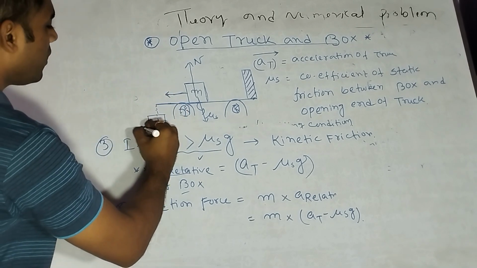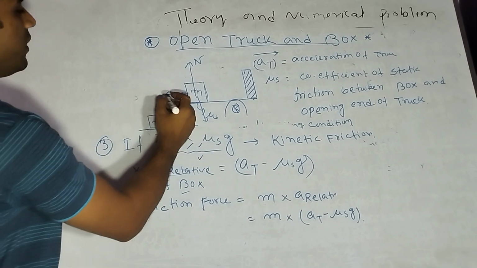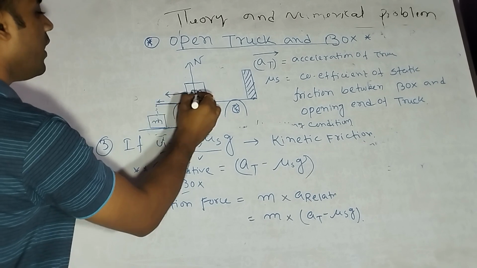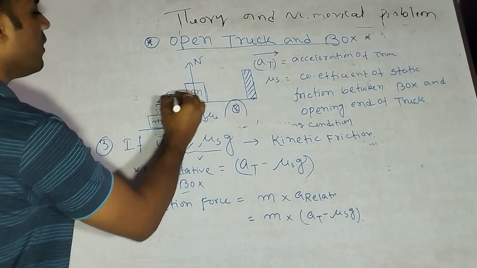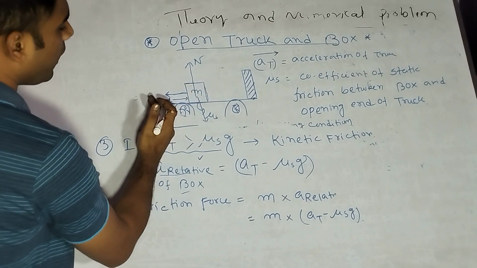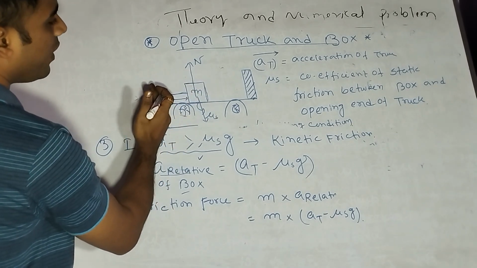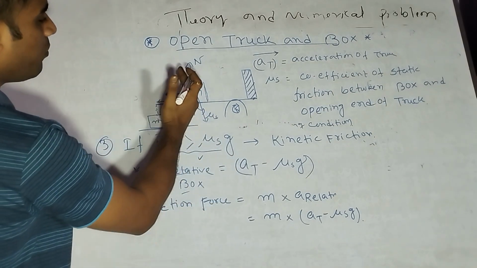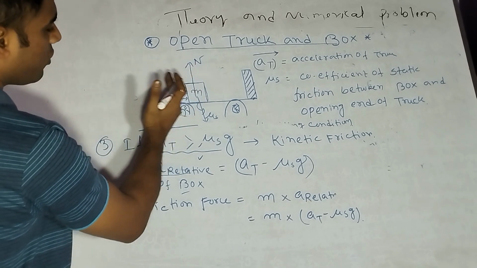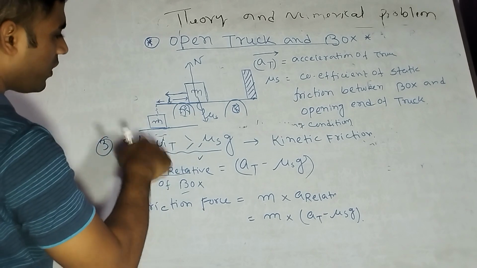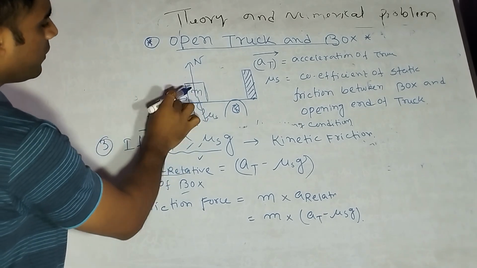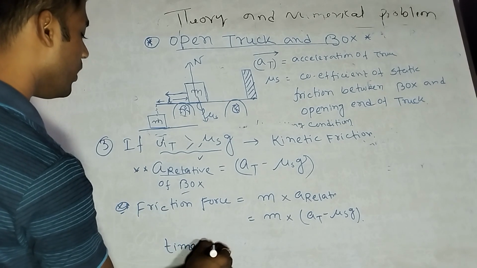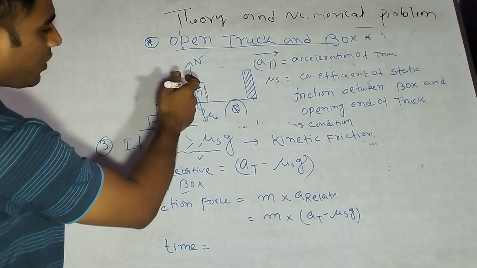The distance between the ending portion of the truck and the box is L. The box is present L distance from the opening end of the open truck. When kinetic friction occurs, the box moves backwardly and at a time the box falls on the ground. Then the next question is the time needed for the box to fall from the truck to the ground.